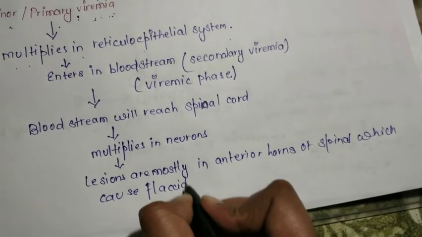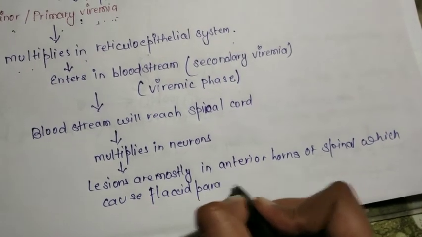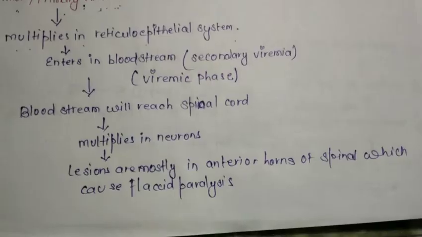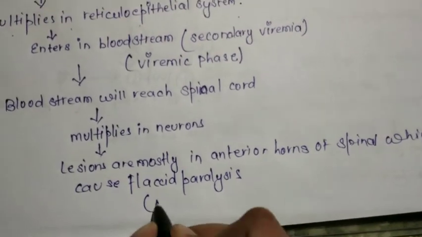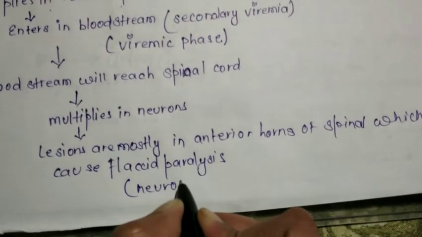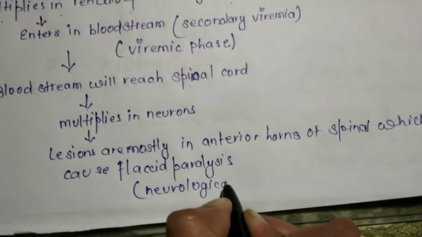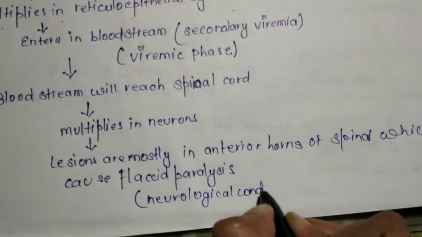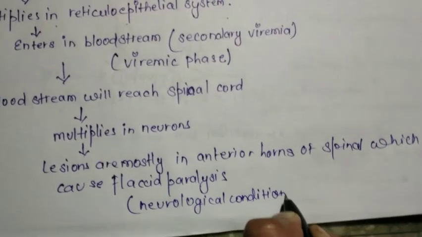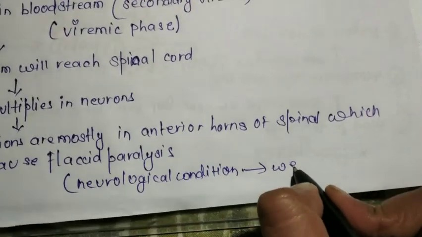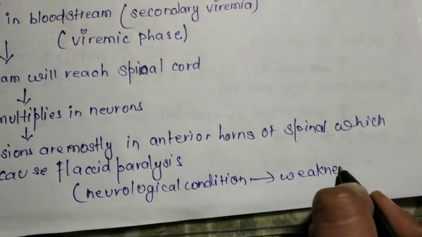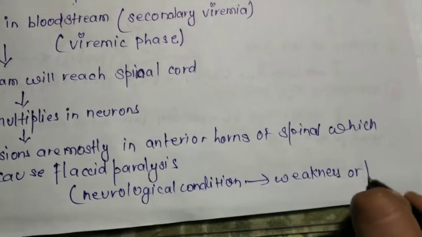Flaccid paralysis is a neurological condition that is mostly characterized by weakness or paralysis.